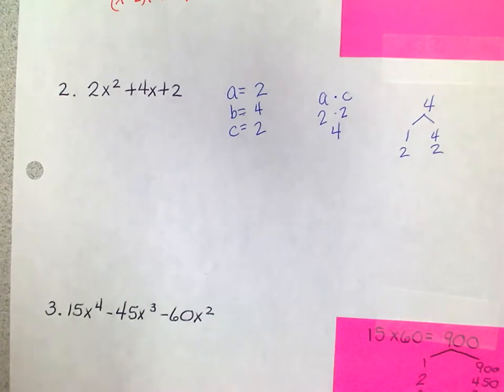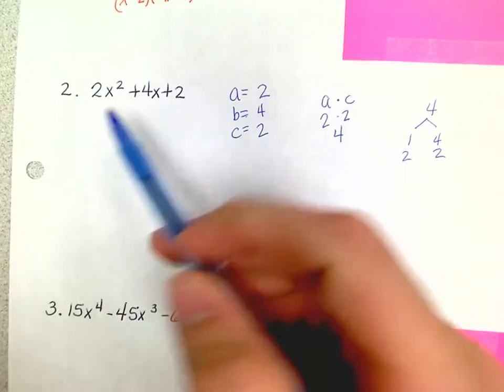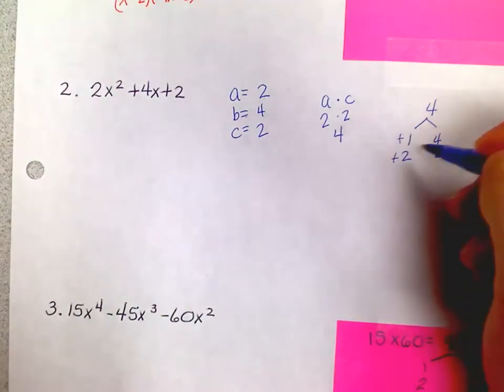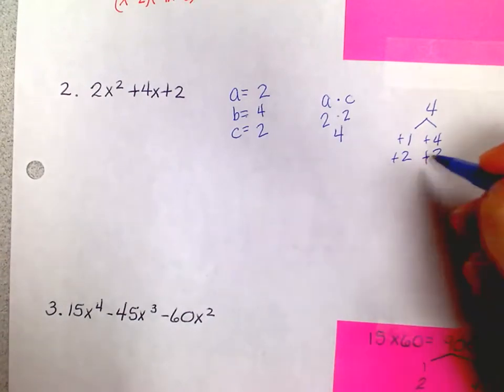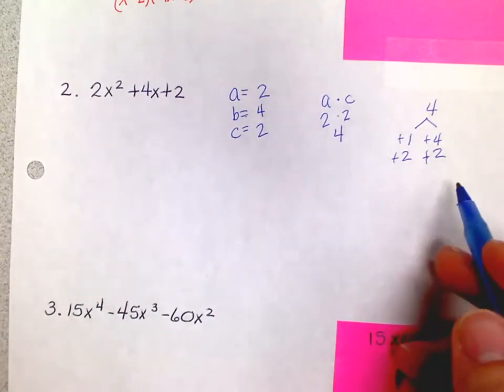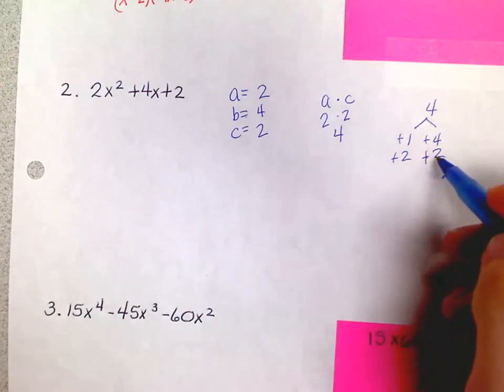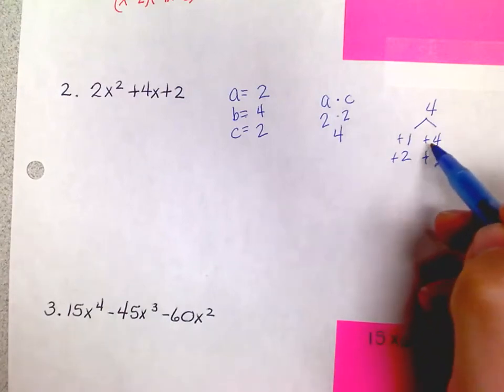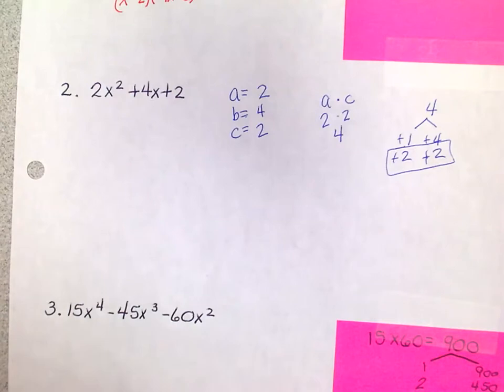So now we have to ask what signs do we want to use. Well, this is positive and this is positive, so all of these possibilities will be positive. So what we need to do is select the terms that add together to give us 4 and multiply to give us 4. From this list, what will give us 4 will be this right here, 2 and 2.